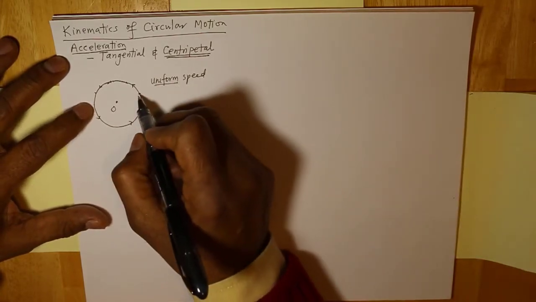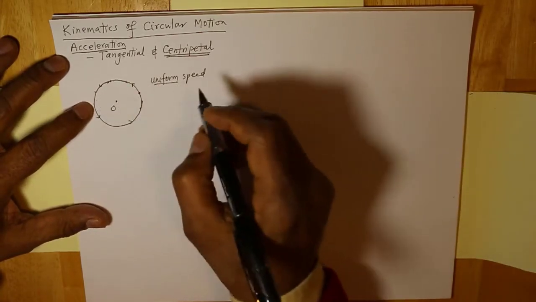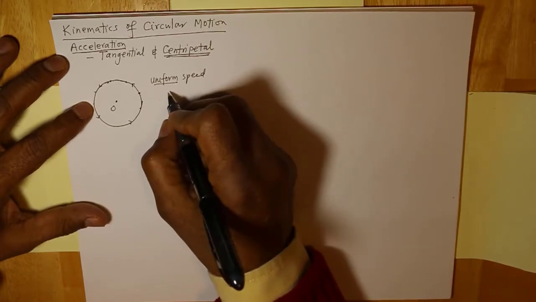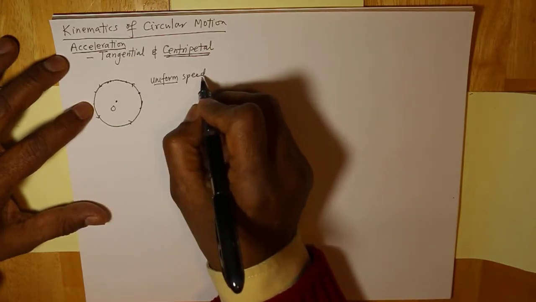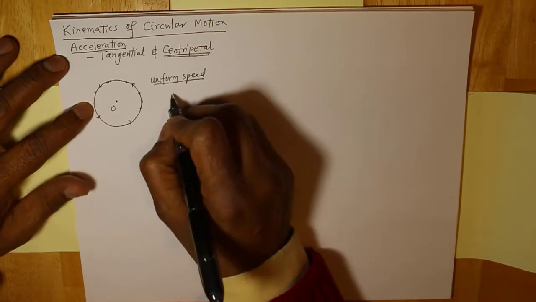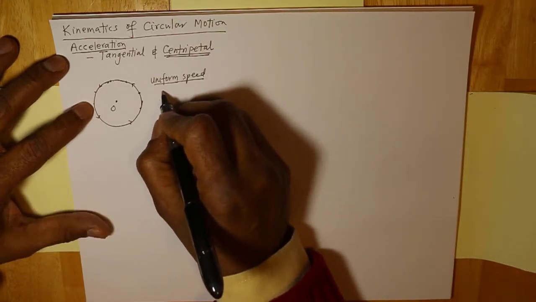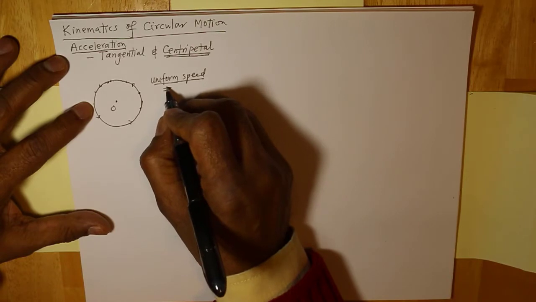Well, if you look at it, the velocity direction is changing. So uniform speed does not mean constant velocity.